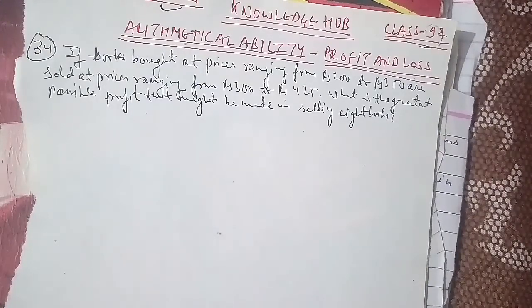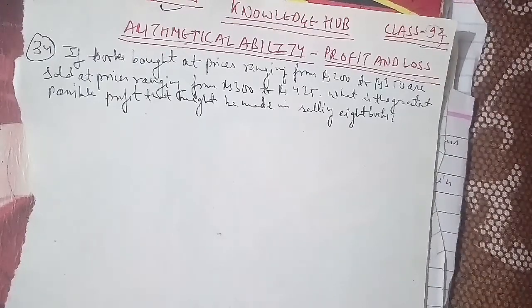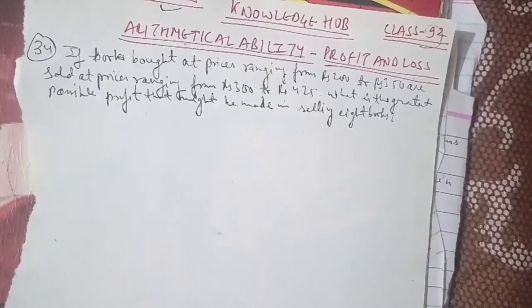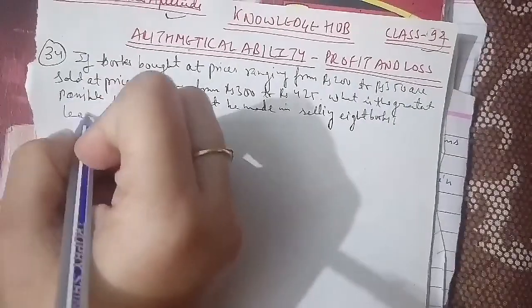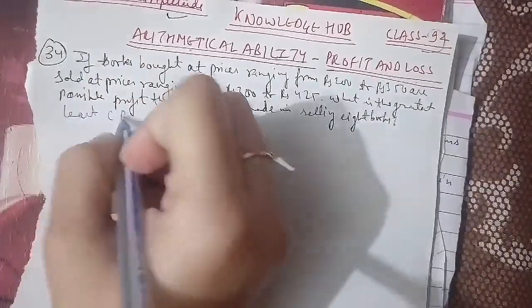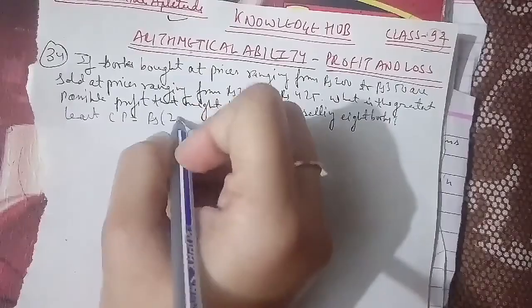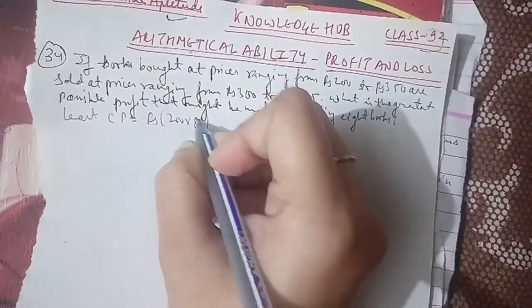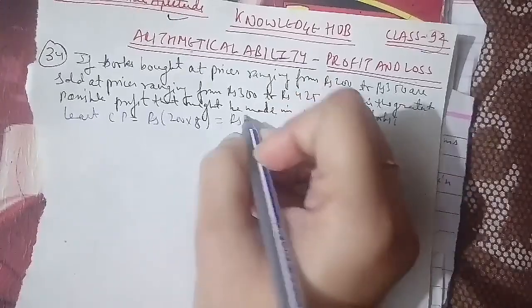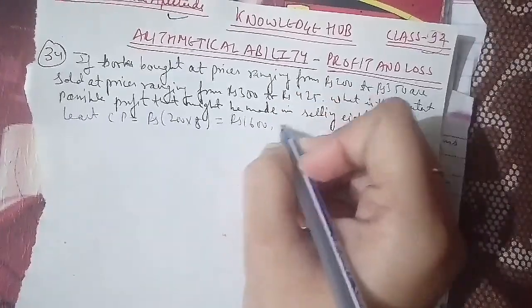So we find it out for the same, which is of course an important one. So here we go ahead. Let the least CP be 200. Least CP is equal to rupees 200 into 8, which is equal to rupees 1600.